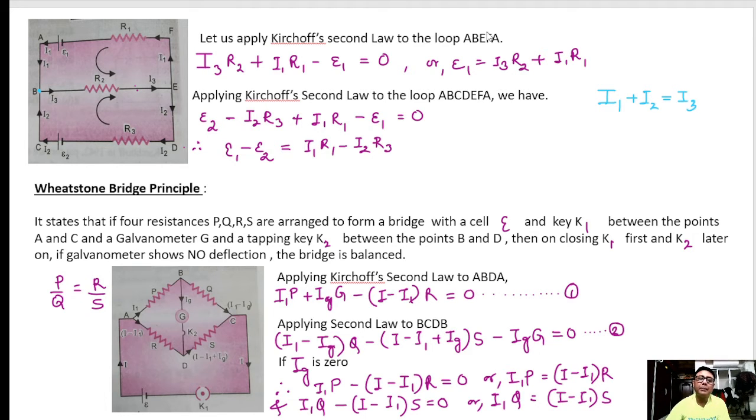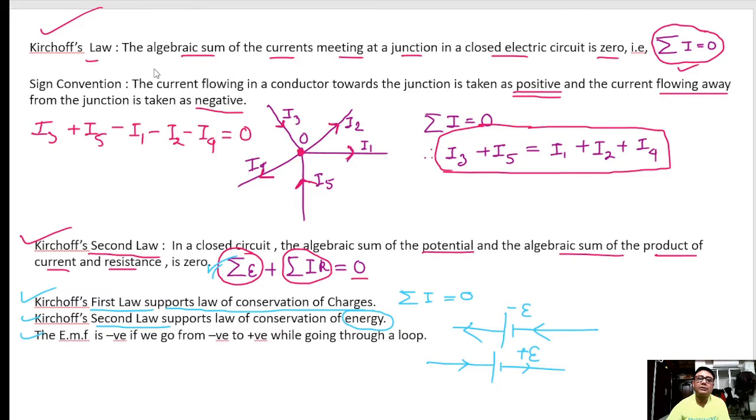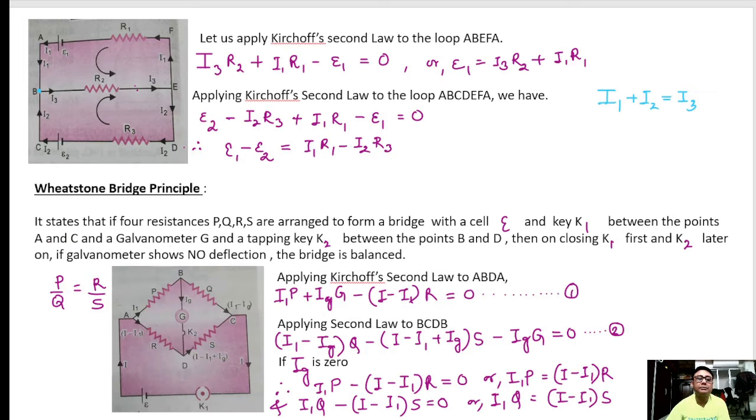Now let us apply Kirchhoff's second law. So what was the second law? The second law says that the sum of the potential differences and the sum of the products of current and resistance in a closed circuit should be 0. So let's apply it here.